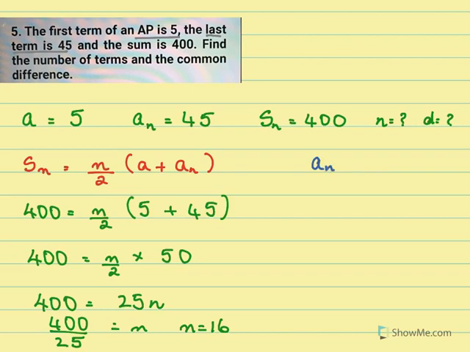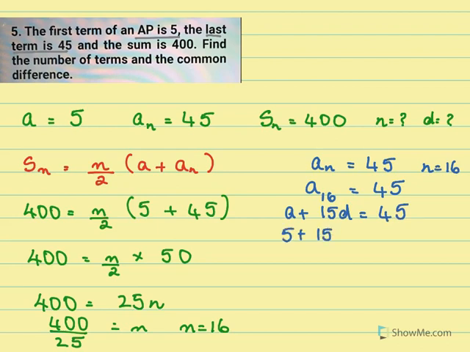Now it was told to us that An is 45 and we know that n is 16. There are 16 terms. That means A16 must be 45. A16 will be A plus (n minus 1) d, 15d equal to 45. Now put the values.